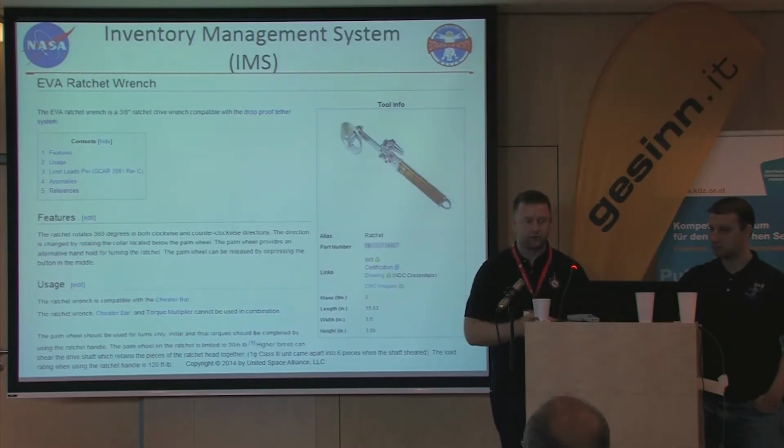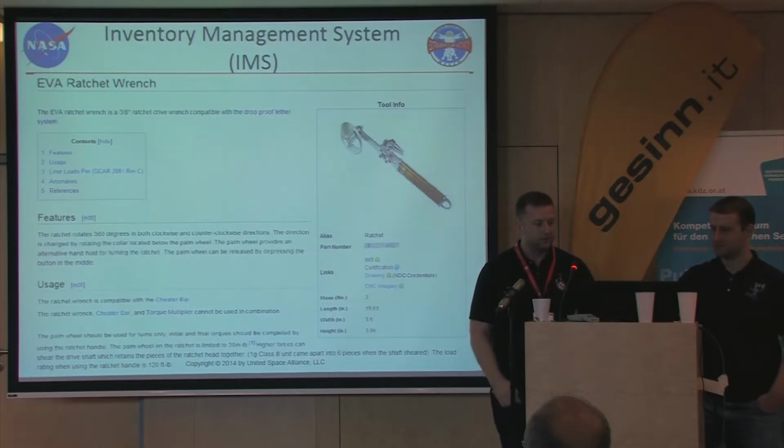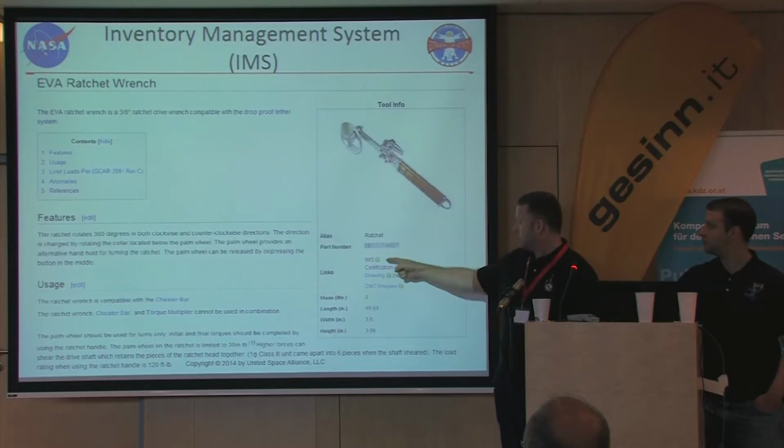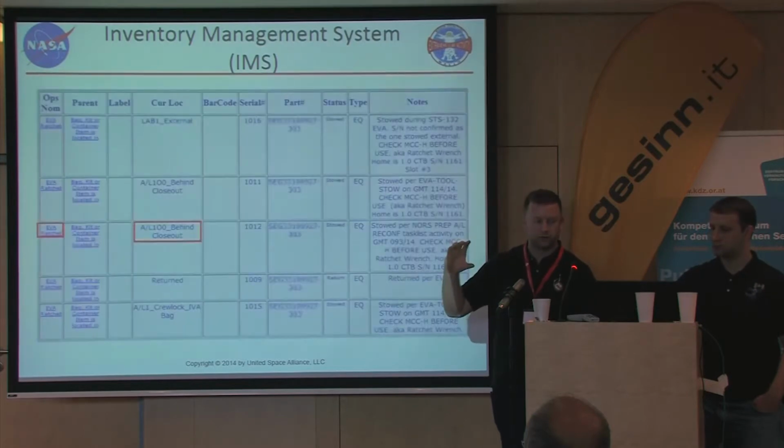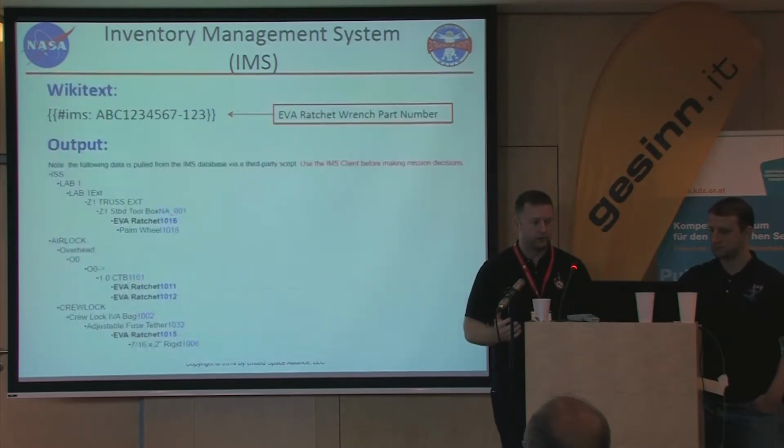There's not much more to it other than it has a nice handle so your glove doesn't melt. We have an info box with some basic information, and right here a link to IMS that will take you to that previous slide where it showed the search results. And then also James found a way to tie into that database and actually show some results inline. You want to talk through that?